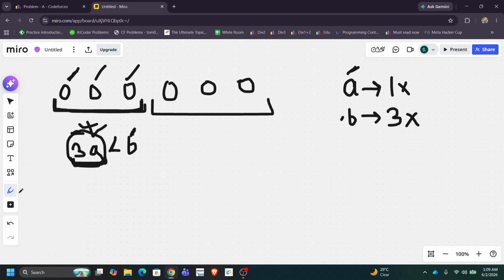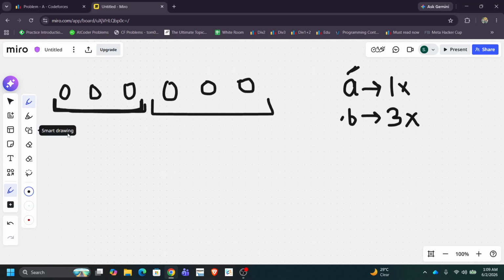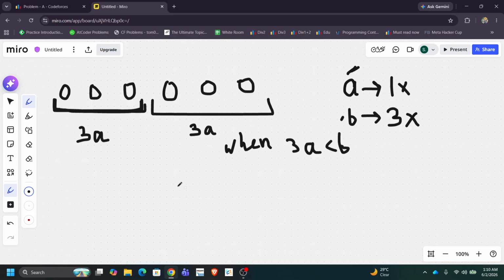If that's the case, for these three students it's going to cost 3a, and for these three students it's going to cost 3a, when 3a is less than b.